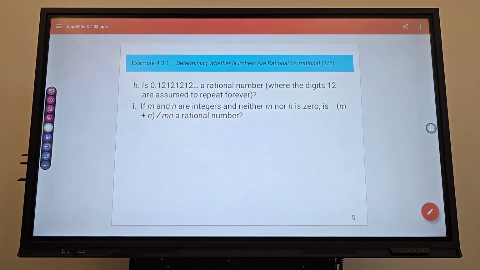So is 1, 2, 1, 2, 1, 2 on to infinity a rational number? We'll look at that one in a minute. And if m and n are integers and neither m nor n is 0, then m plus n over m times n is a rational number?